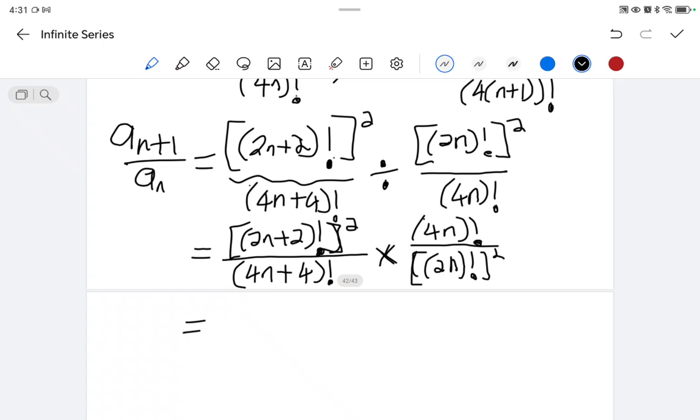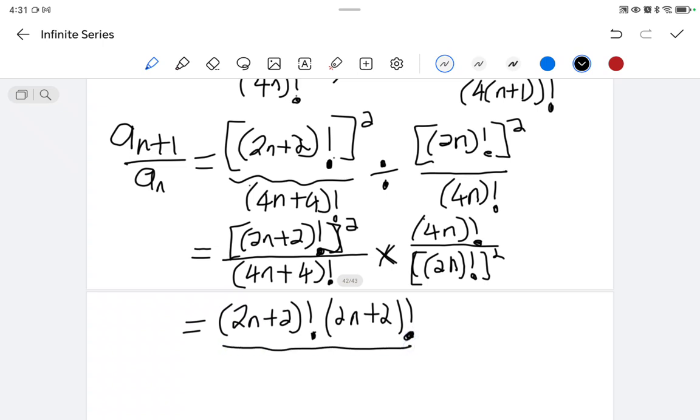So for me to do that, I can start by reducing the inside: (2n+2)! and also (2n+2)!. Let's start by removing that square. Then this one is (4n+4)!.